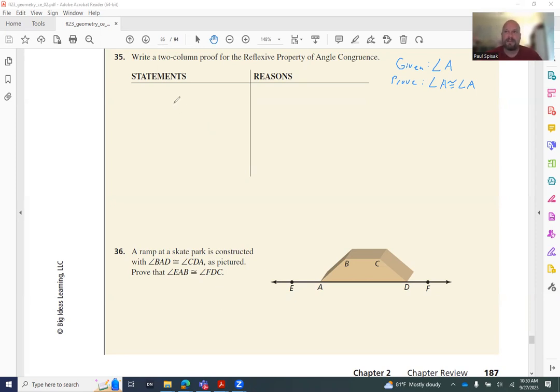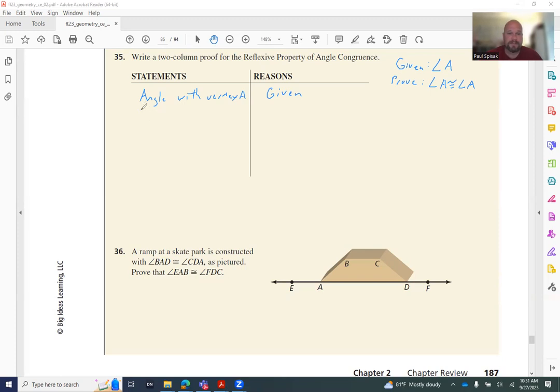So we started off with, we have an angle, angle A given, with vertex A. All right, so that was given to us. We have an angle with a vertex that's labeled A.